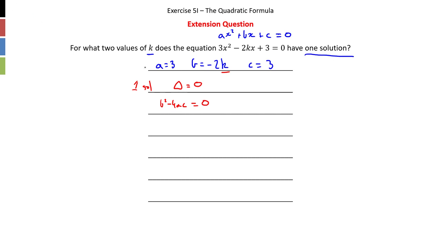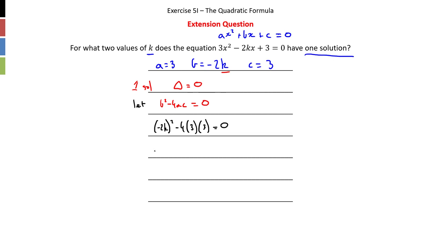So let's do this. So b squared in this case is 2k all squared minus 4 by a, which is 3, by c, which is 3, equals 0.